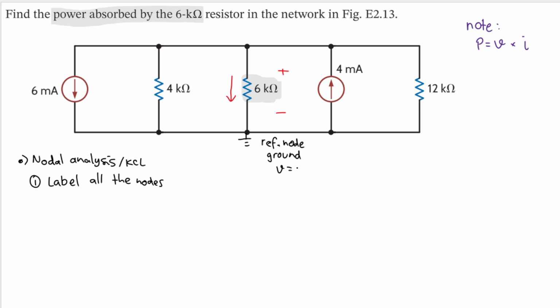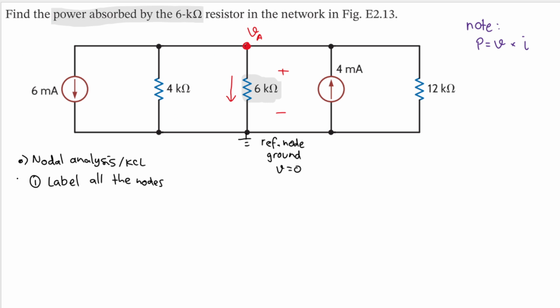So V is equal to 0. And here we have another node, a very long node, but it is only one node. Let's name this node A, and the voltage here will be VA. Good, and we have already labeled all the nodes.